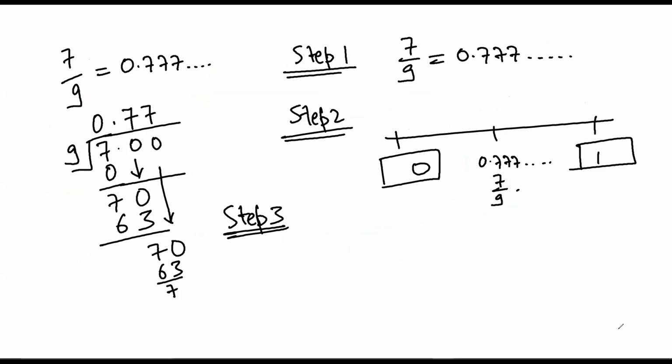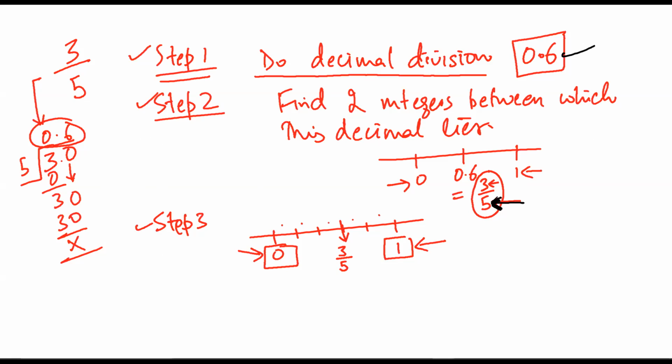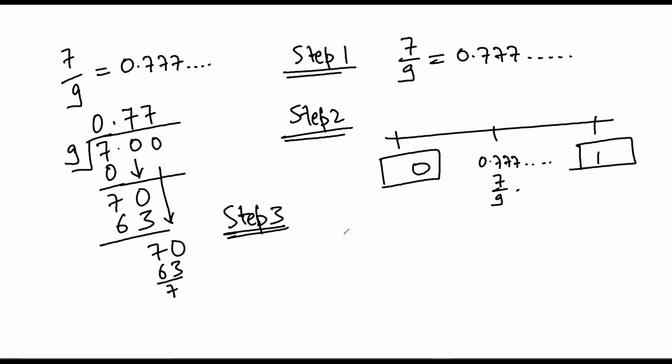Step 3 says that look at the denominator. Those are the number of divisions that you want. 0, 1. Now when I look at 9, how many parts do I require? 9 parts. So 1, 2, 3, 4, 5, 6, 7, 8, 9.